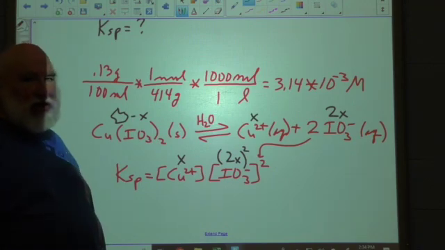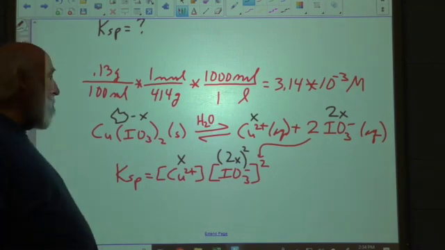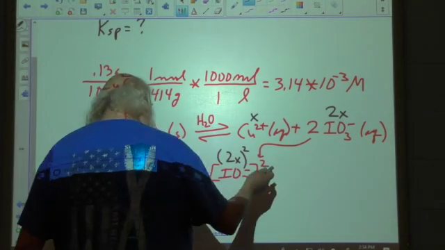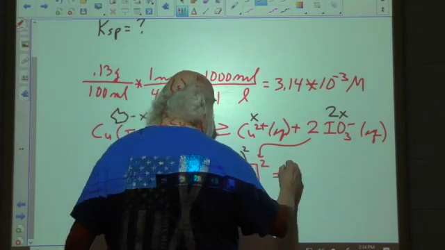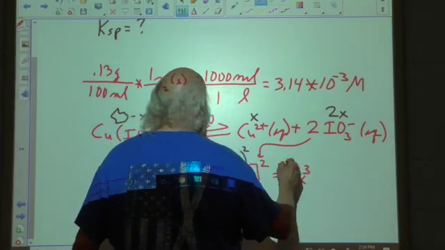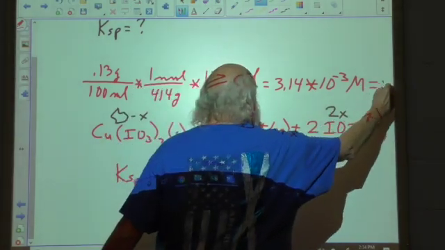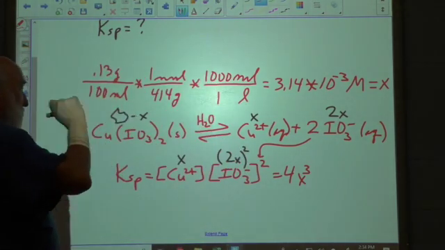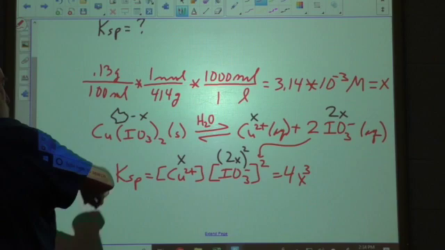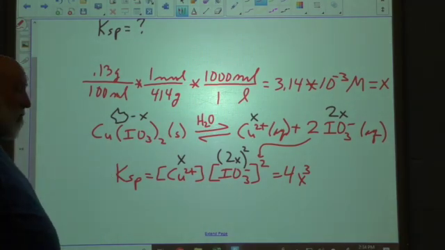Because mathematically that's how it works out. You have to do it. So when you put that all together, this gives you 4x cubed. Well, this is x. You have found x. So that the x is the solubility. How much dissolves in the water?